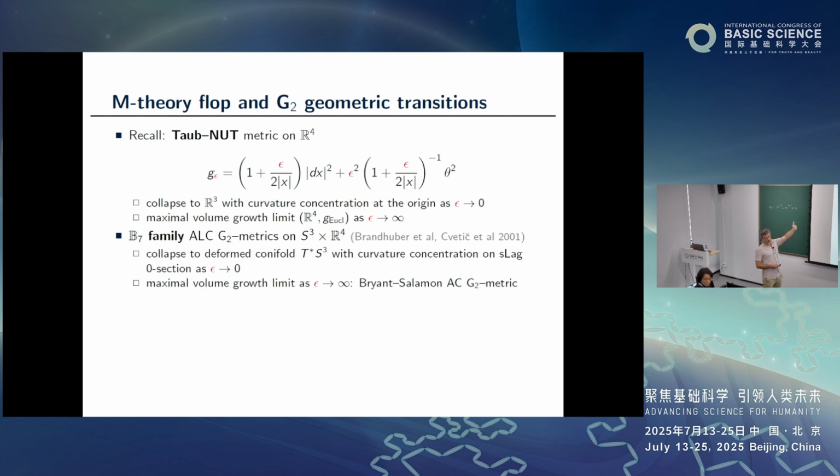And as epsilon goes to infinity, the expectation was that the circle opens up and you get an asymptotically conical G2 metric that is also known from the late 80s, the Bryant-Salamon metric on S3 times R4.